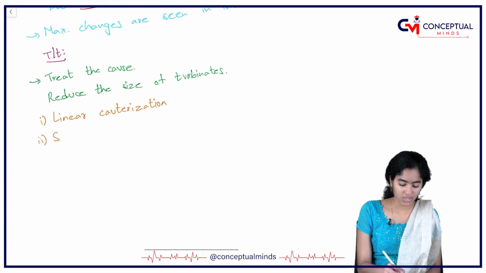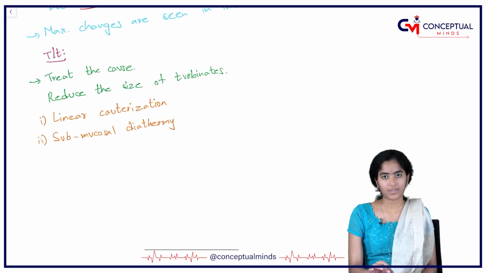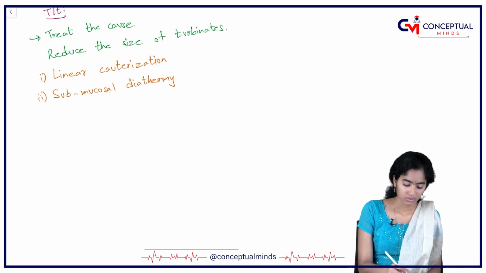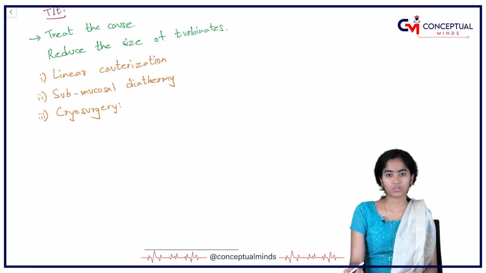Second, we can do a submucosal diathermy. What is diathermy? High frequency electric waves are used and that will create some heat, and the heat will destroy the tissues. Next, we can do cryosurgery. What is cryosurgery?